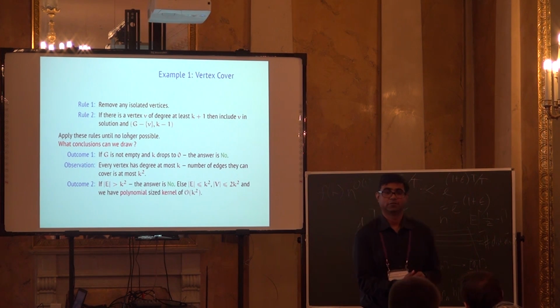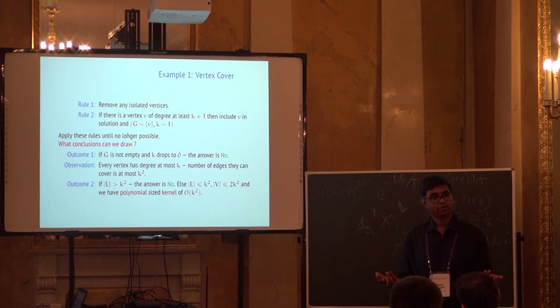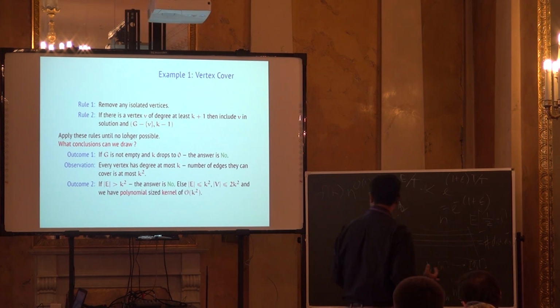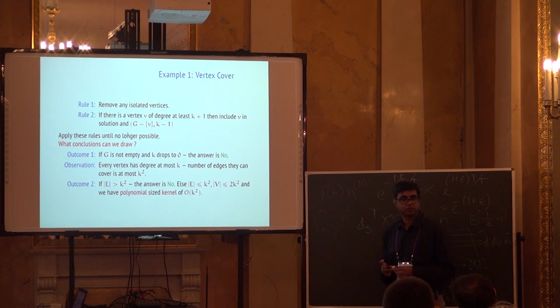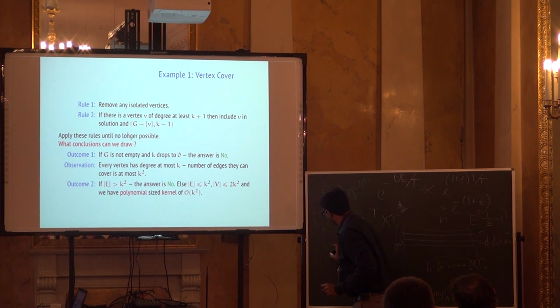Trying all the subsets, right? Try all possible subsets. But that algorithm will run in time n choose k and maybe some n square time to test whether it is a vertex cover or not. After we have applied this procedure, maybe this procedure takes some n power c.